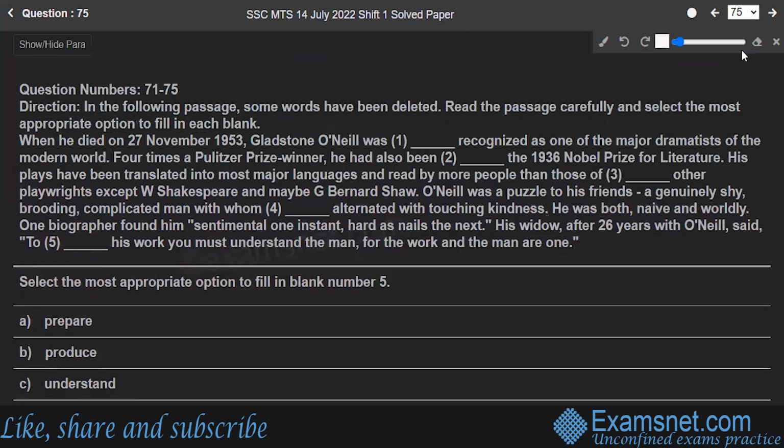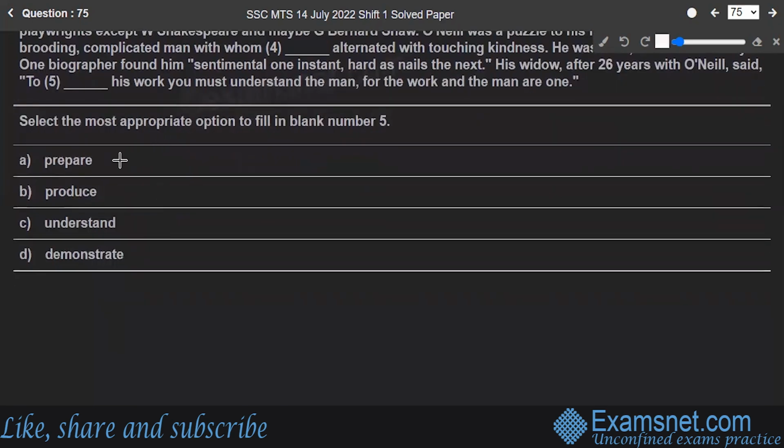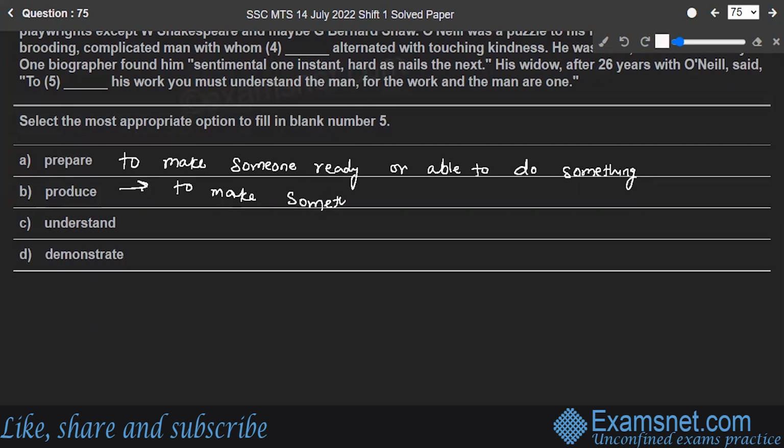The very first one is prepare. It means to make someone ready or able to do something. The next one is produce. It means to make something.